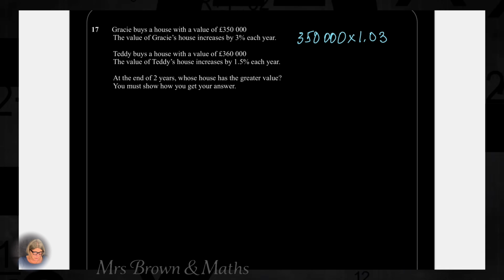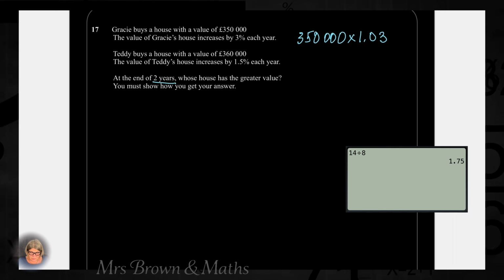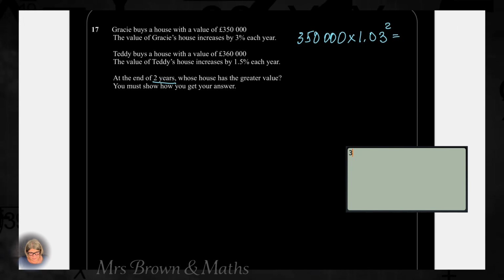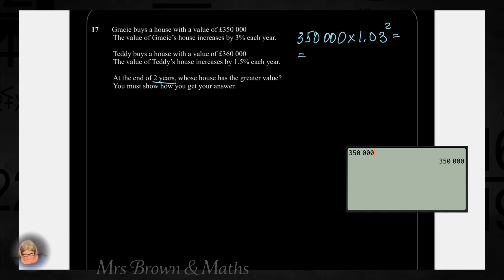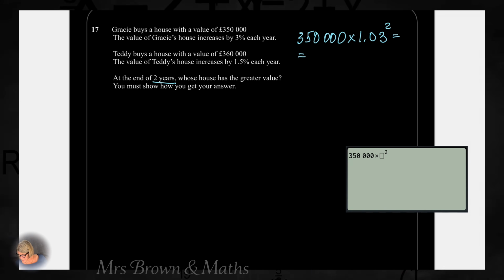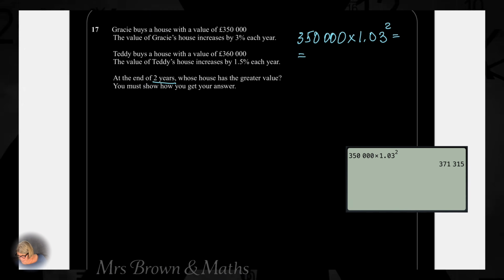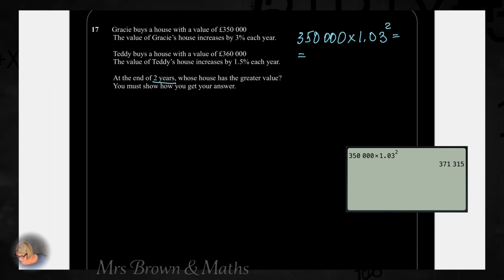How many years? 2 years. So squared. Let's work it out on the calculator. So it will be 350,000 times 1.03 squared.